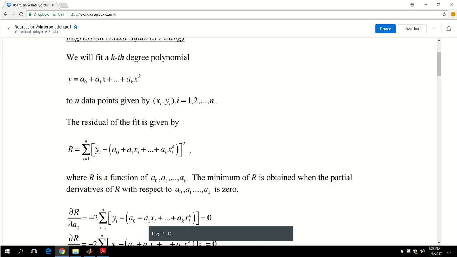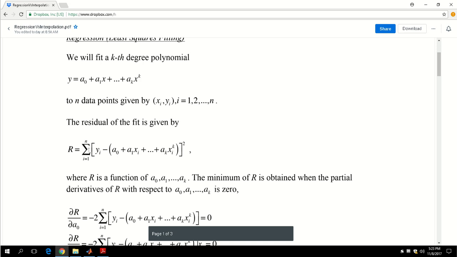That's exactly what we are doing here. On the right-hand side, we stick xi in and come up with a prediction of y. Then we take the actual yi and subtract that prediction. We square the difference, and then do a summation over all the data points.